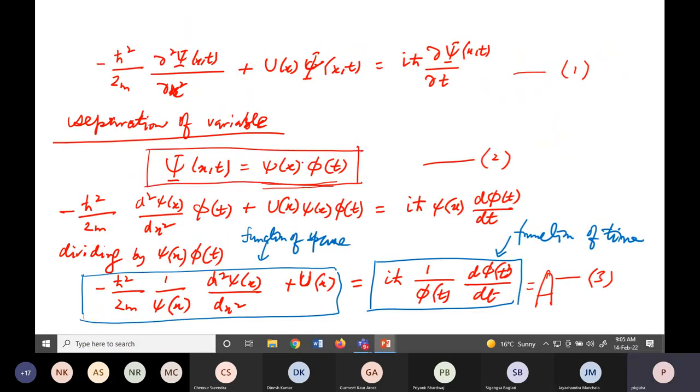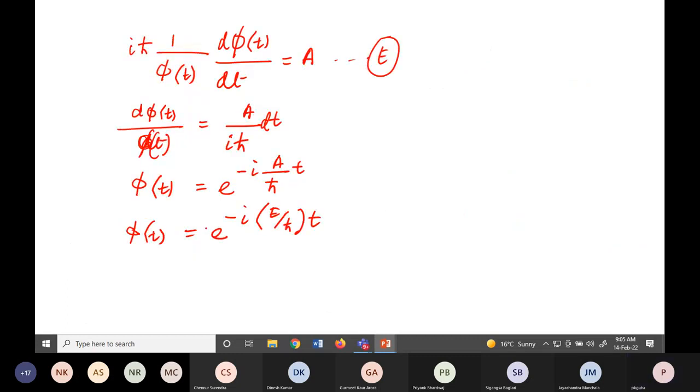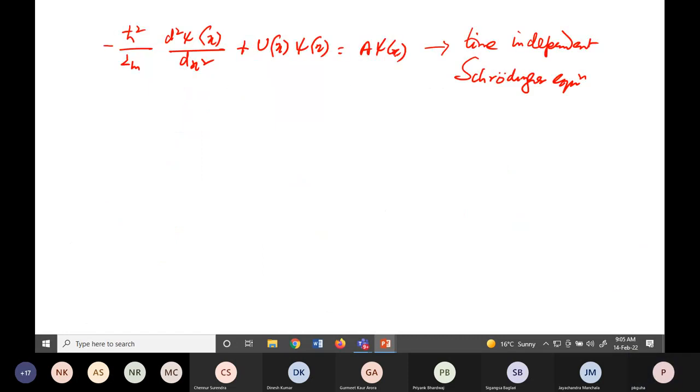We know phi of t is this. All we have to do for a particular problem, applying boundary conditions, is find psi of x from this formula.